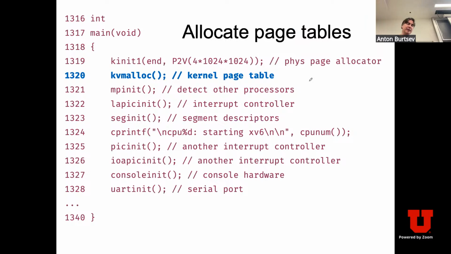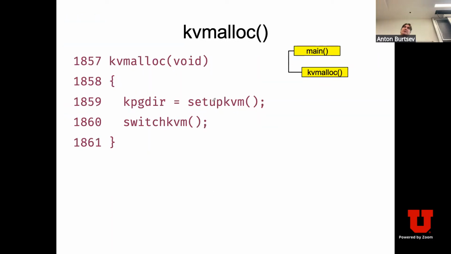Let's just confirm. I gave this high-level description, so the question is how to program it. Let's take a look at the source code and look at this function, kernel virtual memory alloc. The comment tells us that we will allocate a kernel page table. Let's take a look at what's going on inside. They use two functions.